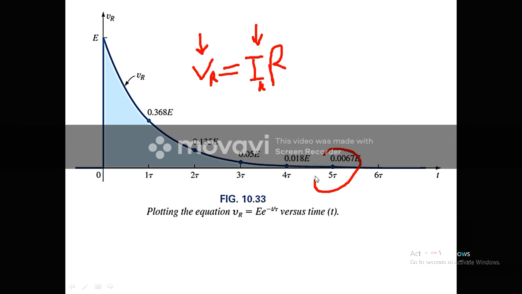At t equal to 5 tau, it will be completely equal to 0.